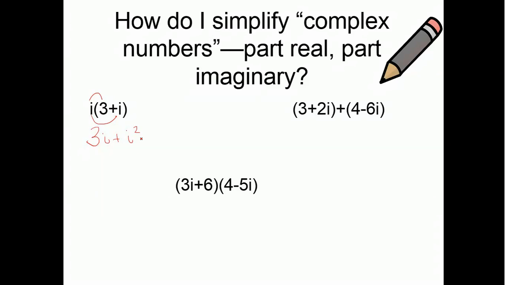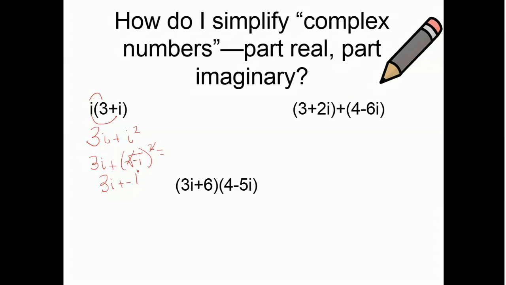Wait, though. i squared, that is... technically, isn't this the square root of negative 1 squared? Because i is the square root of negative 1. Well, the squared and square root cancel out, so I'm left with 3i plus a negative 1.